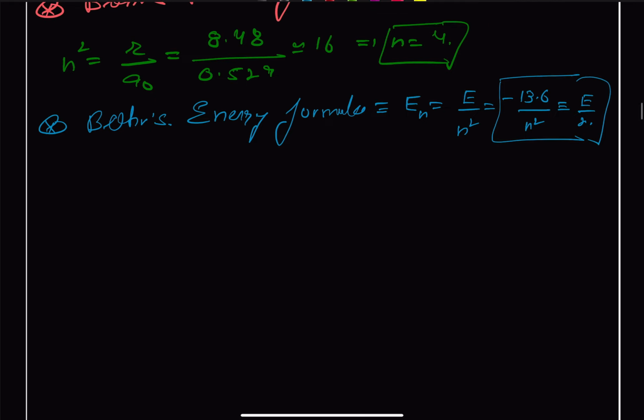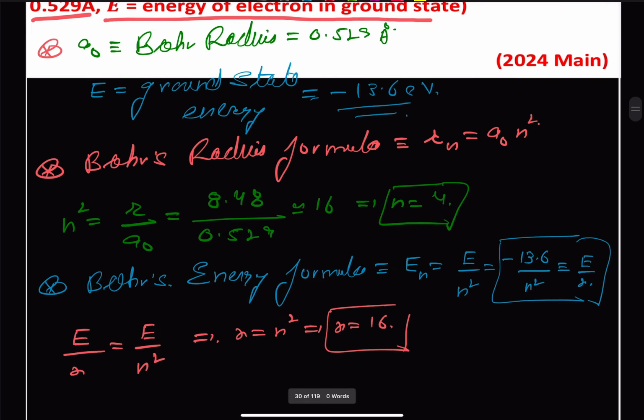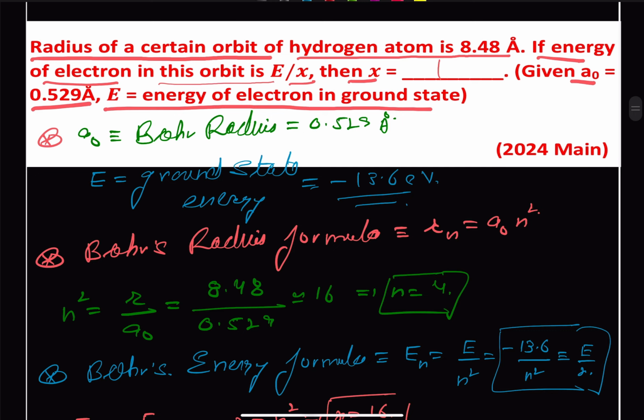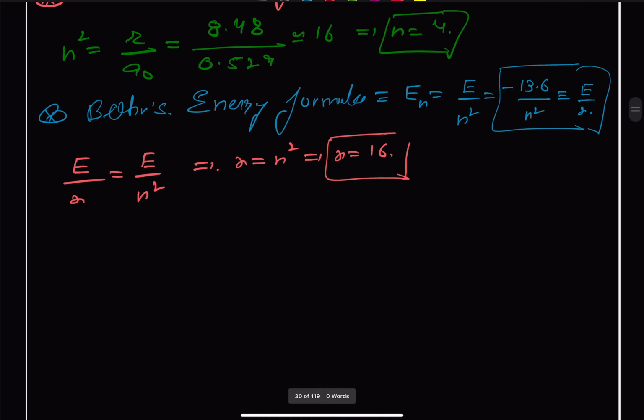Therefore, E upon x is equal to E upon n square, or we can say that x is equal to n square, giving us x is equal to 16. So the value of x is 16. Next question.